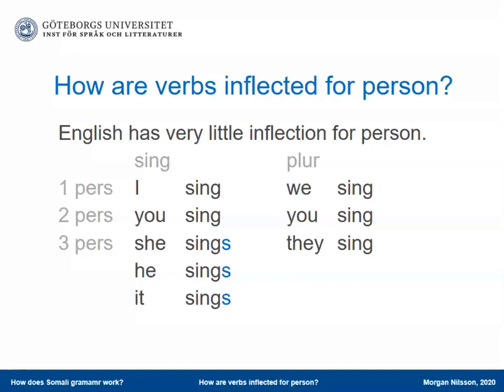English only has a suffix, an ending in the third person singular, an S, that is added to the present tense forms to express that the verb refers to a single person in the third person singular.